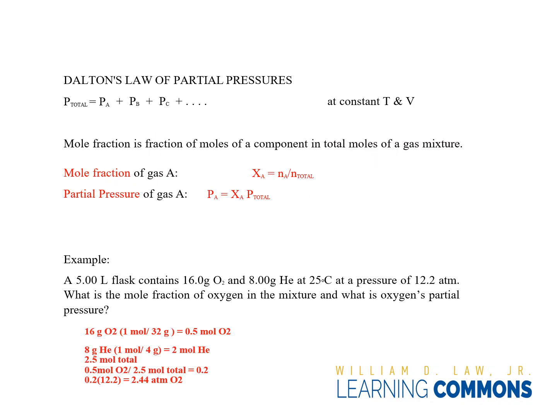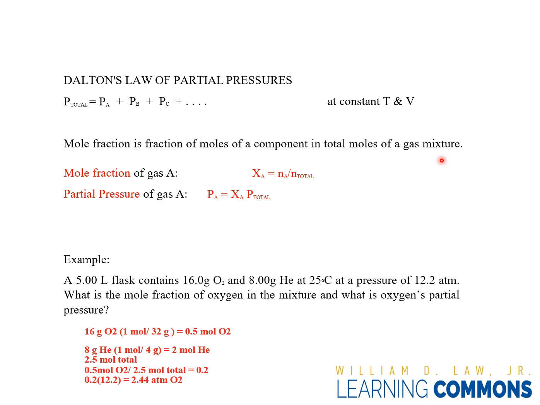Of the partial pressure, the total pressure is partial pressure A plus partial pressure B, plus partial pressure C, and so on, at constant temperature and volume. For this formula, the mole fraction is the fraction of the moles of the compound in the total moles of the gas mixture.